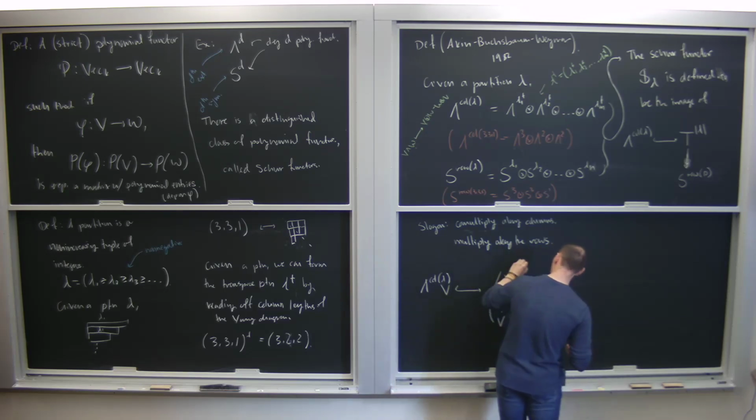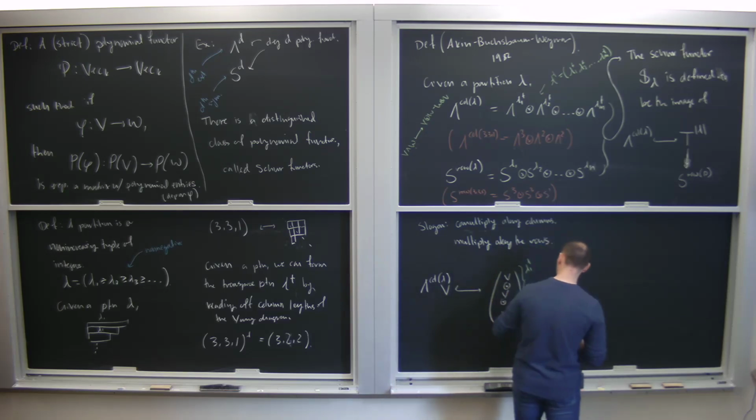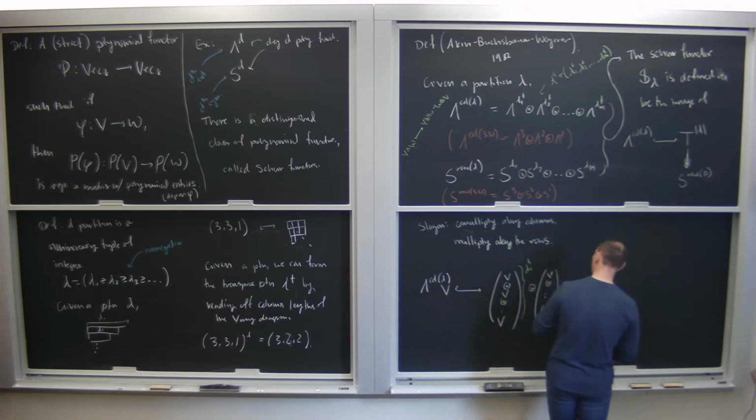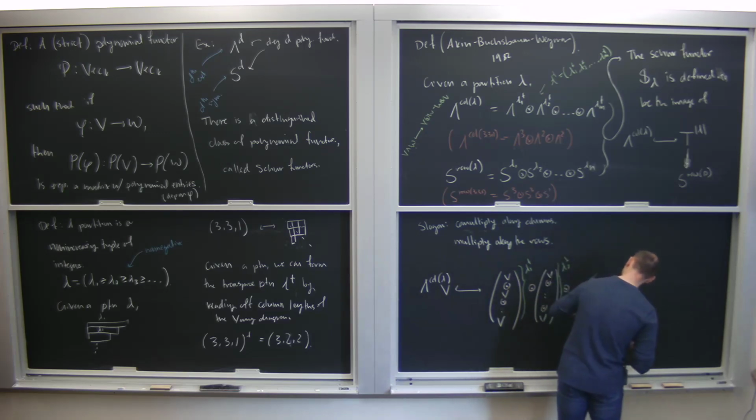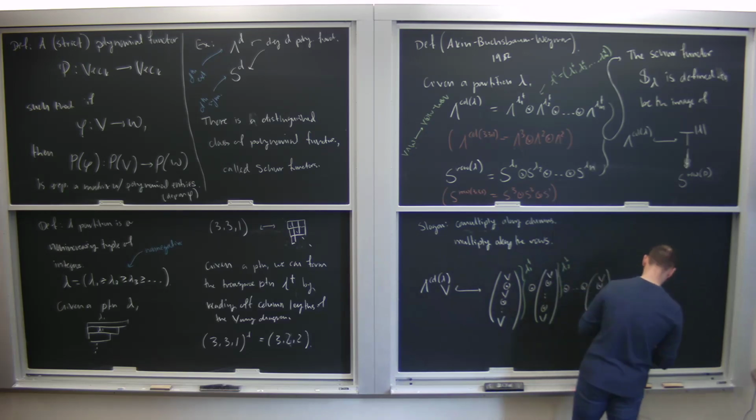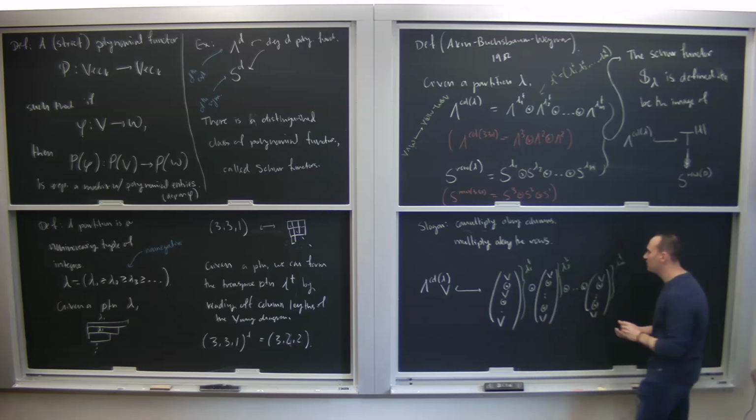I have lambda 1 transpose many. And then I'm going to tensor this with another collection of tensors of V. How many do I have? Lambda 2 transpose many, and so on and so forth. So there's lambda M. And I'll do some examples right after this, don't worry.